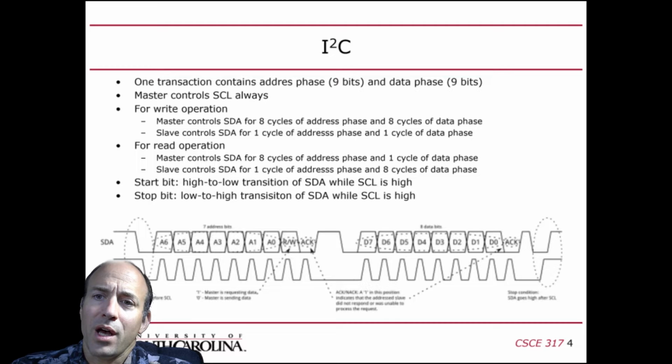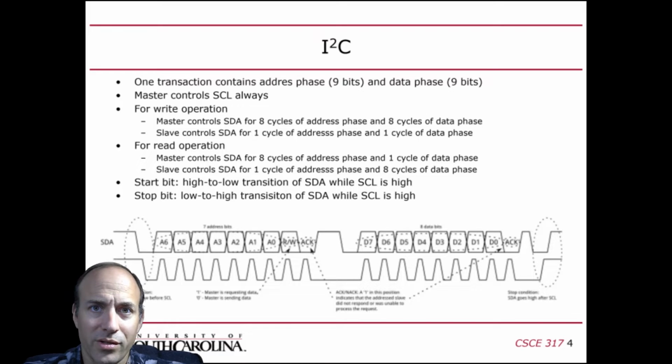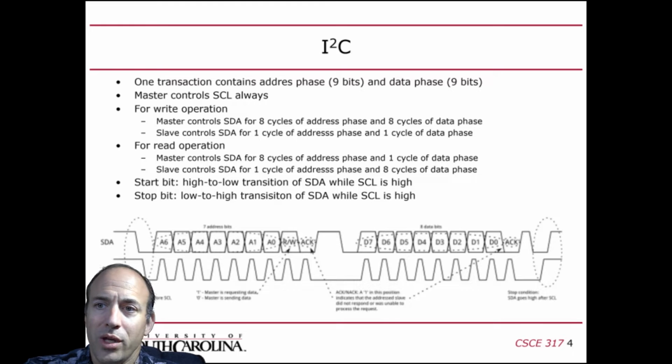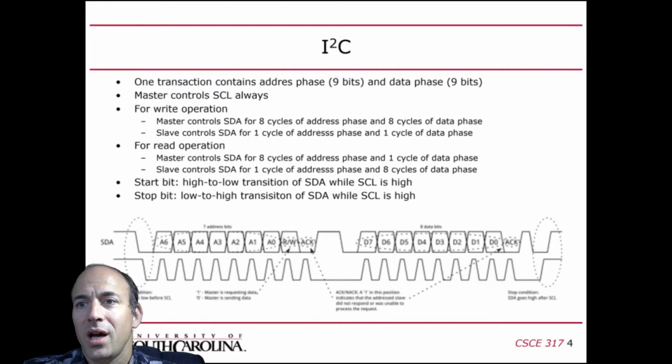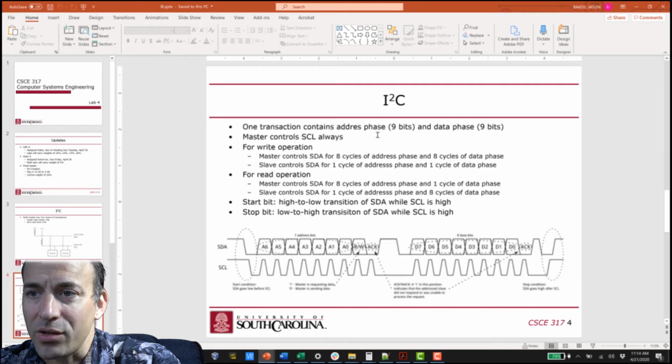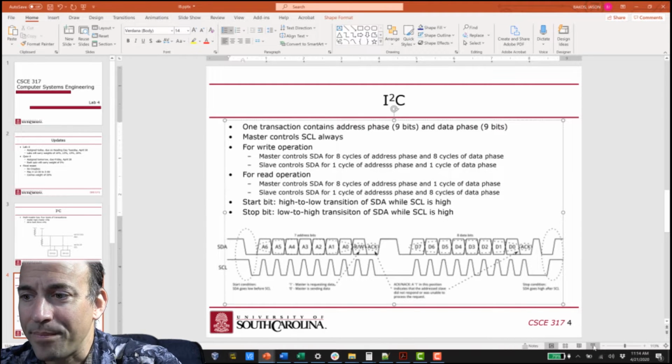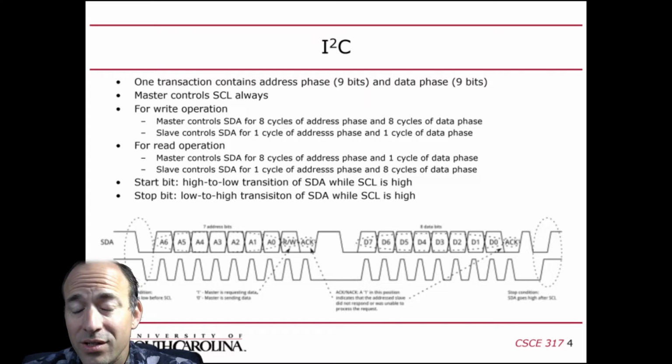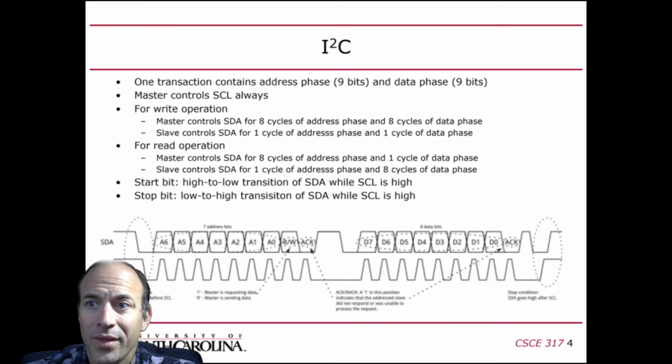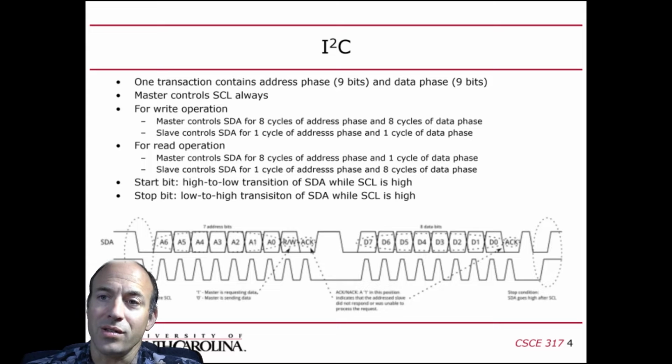So this slide contains what I consider to be the main points of I²C, the most important facts about I²C. Each I²C transaction, at least the ones that we're using in this class, contains an address phase, where the address is conveyed, and a data phase, where the data is conveyed.